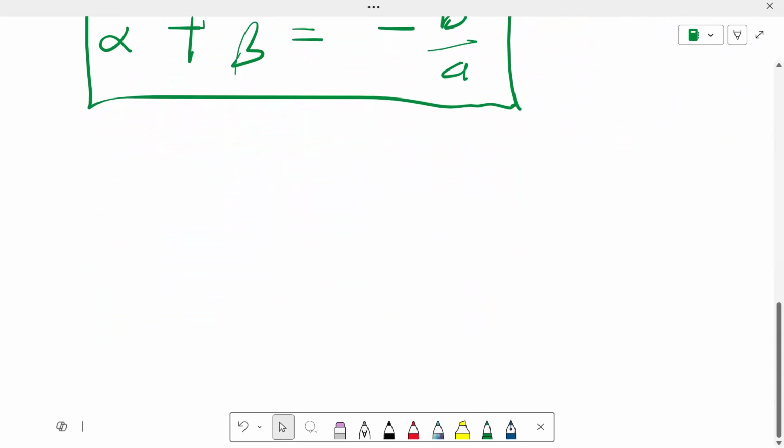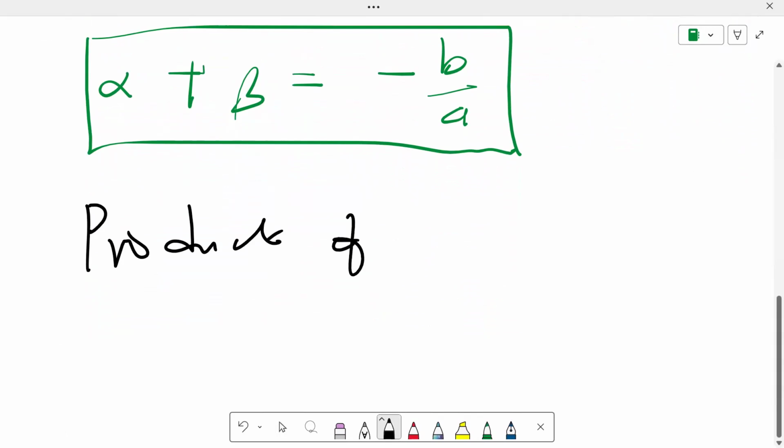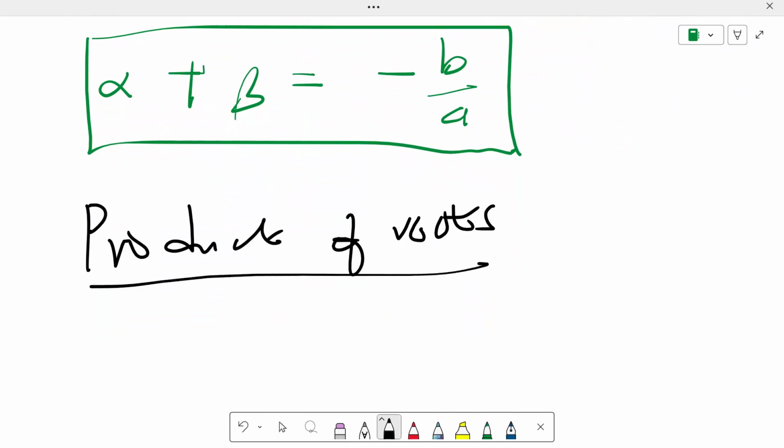So let's look at the product of roots. We'll look at the product of roots. So say that alpha times beta. Okay.